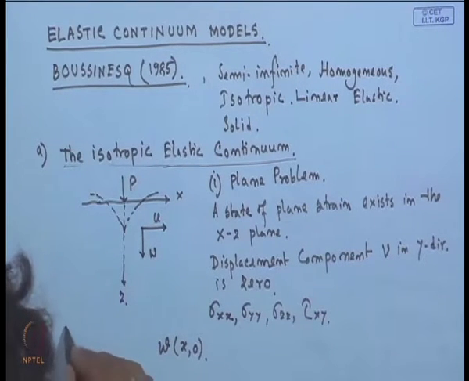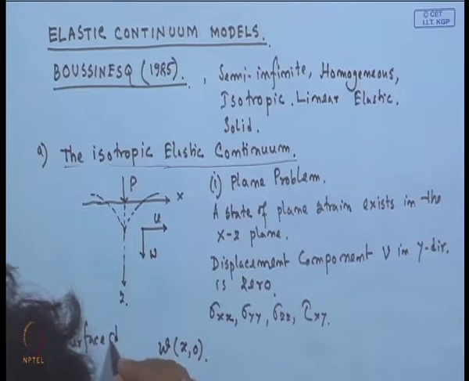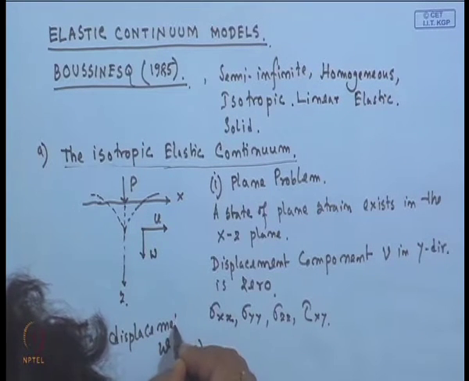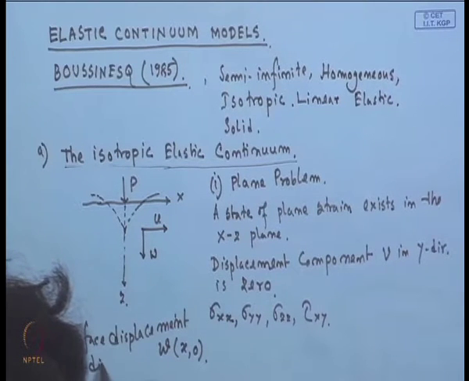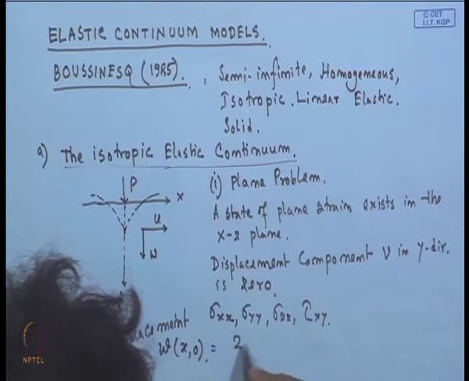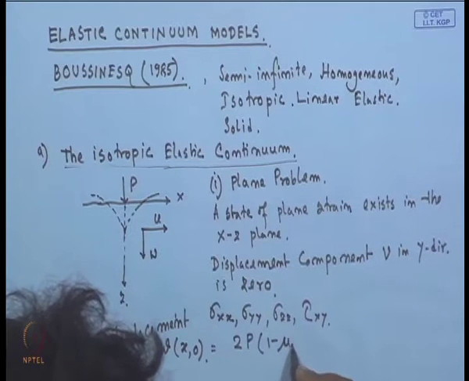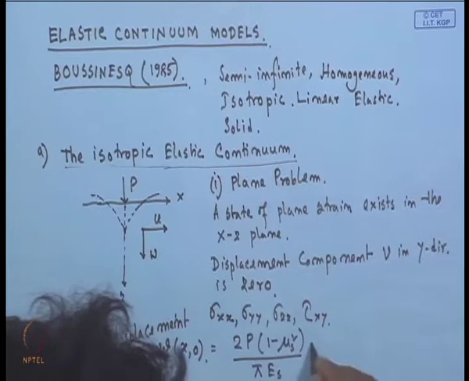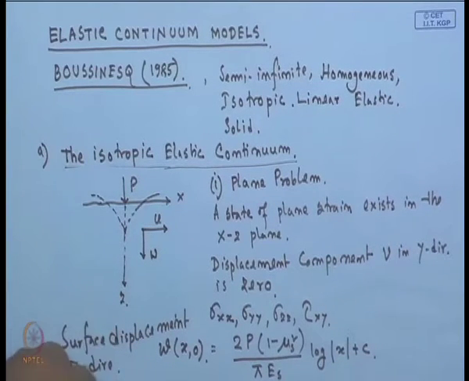The surface displacement in the z direction, w(x), will be 2P(1 minus mu s squared) divided by pi Es, into log x plus c.